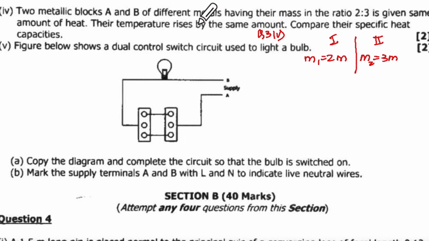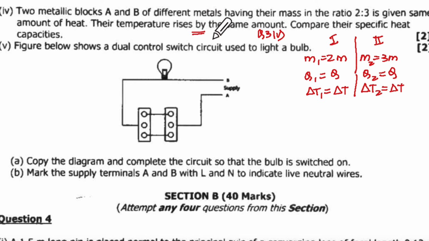Same amount of heat and the temperature rises by the same amount. So Q1 is equal to Q and Q2 also is equal to Q, and delta T1 is equal to delta T, and delta T2 also is equal to delta T because the temperature rises by the same amount. Now we say Q1 equal to Q2.